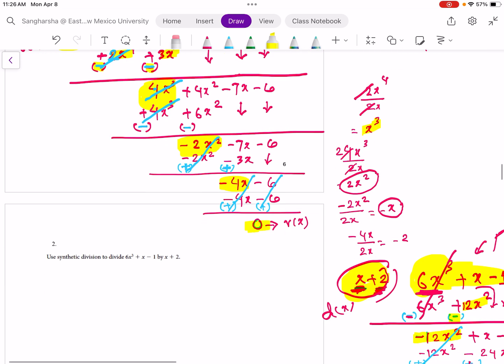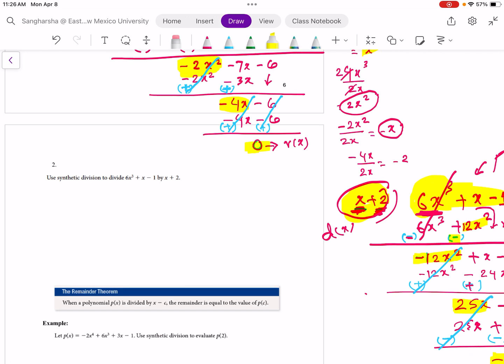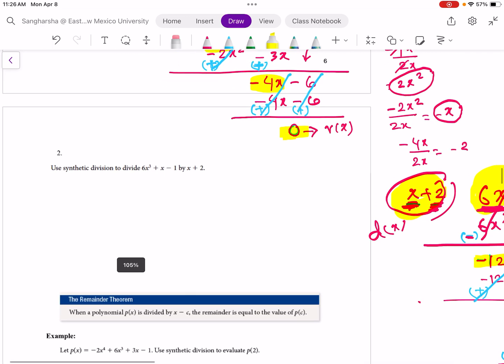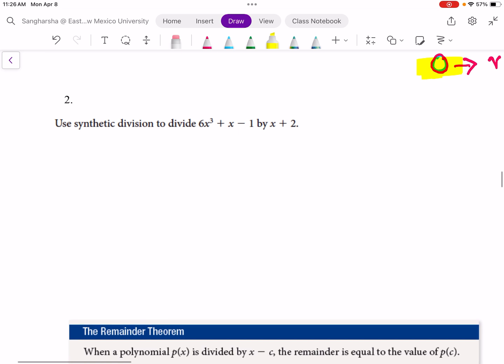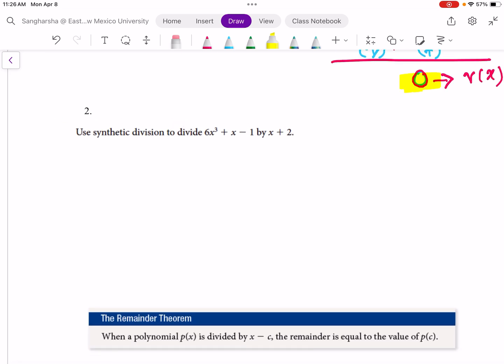Okay, the next method here is synthetic division. You can use long division for any kind of division, but for synthetic division there is a criterion. We can't use synthetic division for every case.